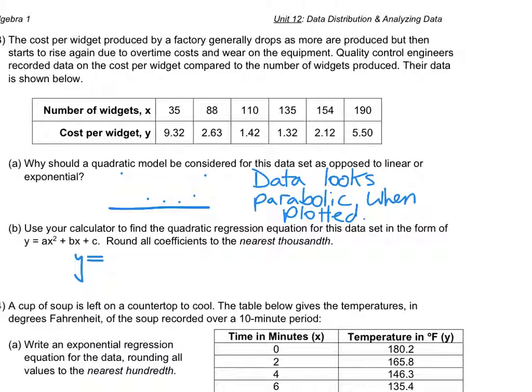Nearest thousandth, so 0.001. You see, they give you the model at the top, and then they tell you what the A, B, and C values are. So minus point. Oh, I forgot my x squared. Minus 0.250x. All right, it's annoying, but they said nearest thousandth, so 3 decimal places.